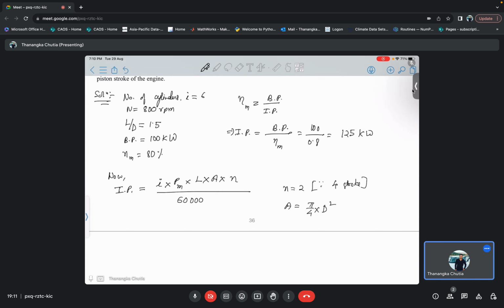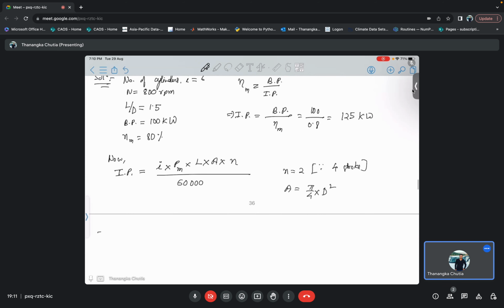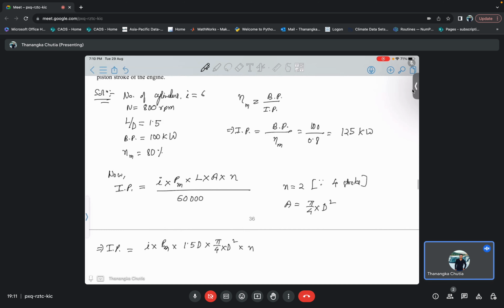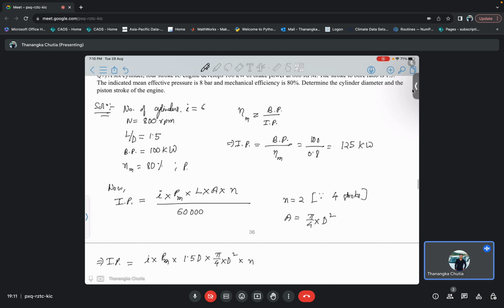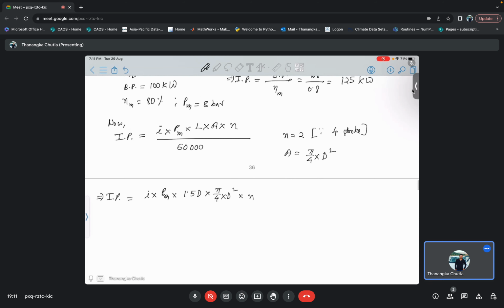So from here what we will do, IP is equal to I into PM into L, where L is 1.5D, into pi by 4 into d square into n, divided by 60,000. The mean effective pressure PM is given as 8 bar.